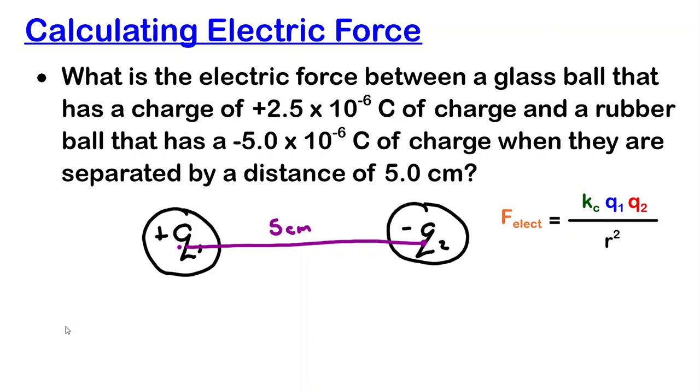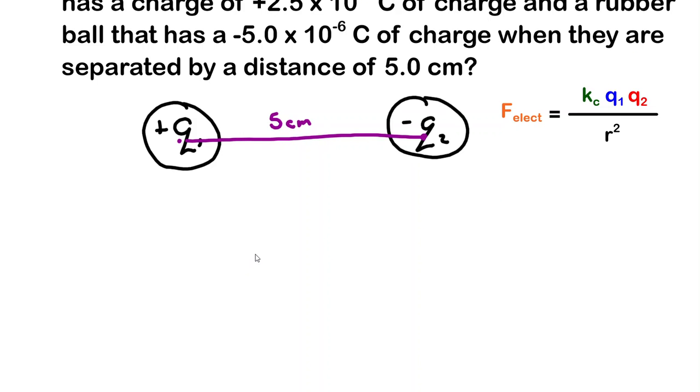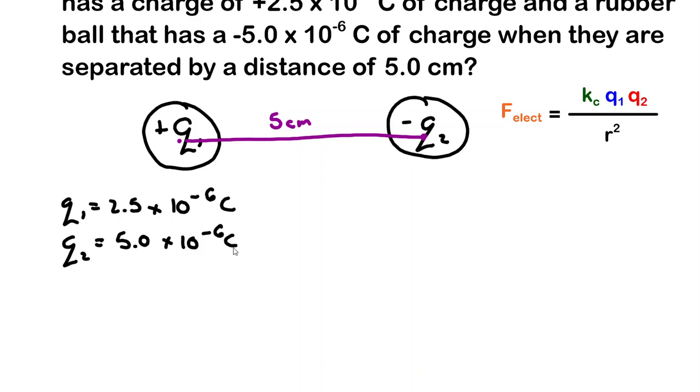Okay, so I can write this out, although I will need some more room. Q1 is equal to 2.5 times 10 to the negative 6th coulombs. Charge 2 is equal to negative 5.0 times 10 to the negative 6th coulombs.